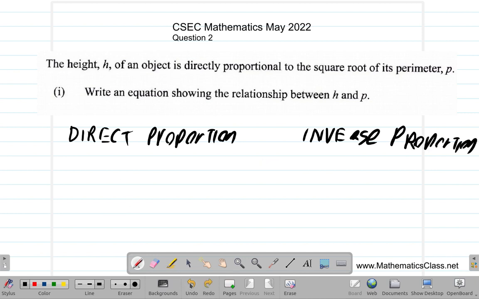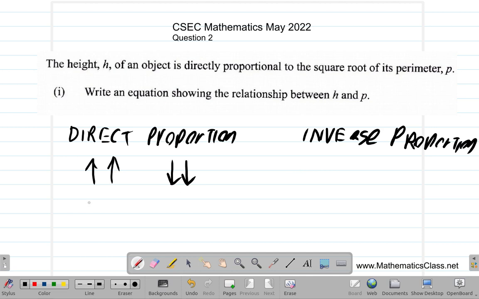When two quantities are directly proportional, both of them increase together, they go up together, and they go down together. When one increases, the other increases. Right? When one decreases, the other also decreases.